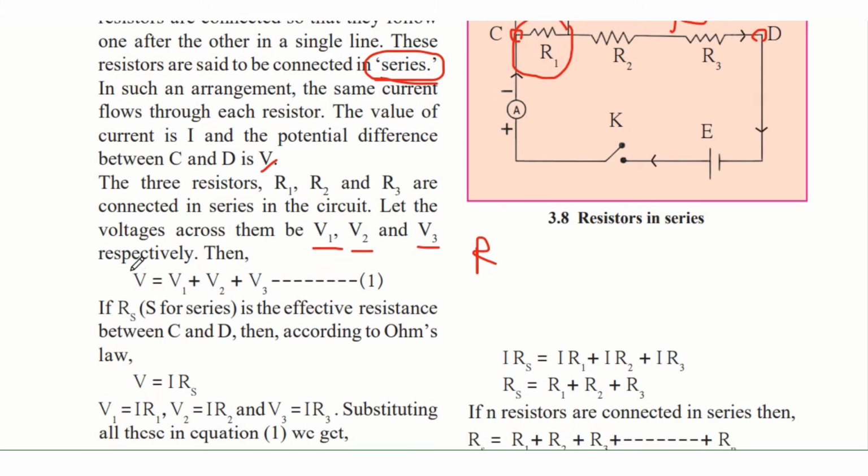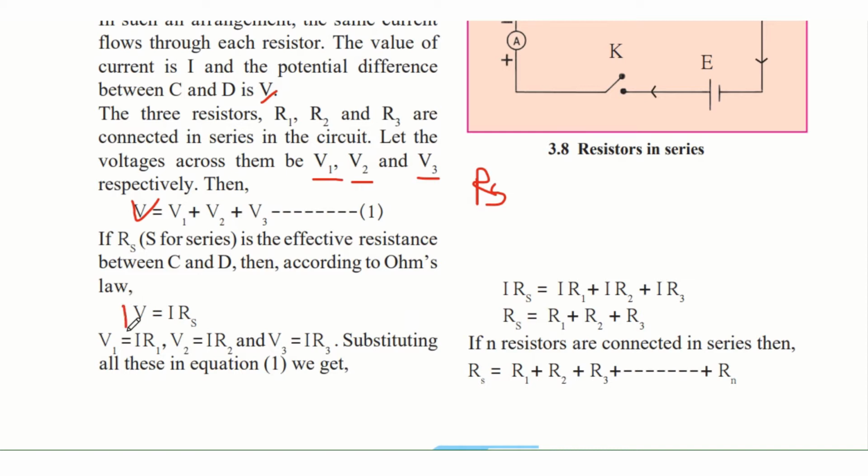So we know that V would be equal to V1 plus V2 plus V3. If Rs, where the S is for series, so the total R we are taking as Rs, is the effective resistance between C and D, then according to Ohm's law, we would get V is equal to I into Rs.